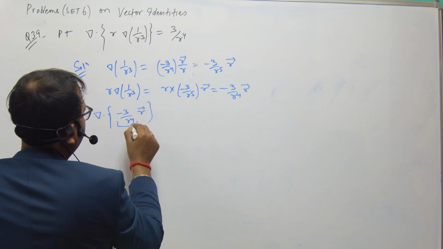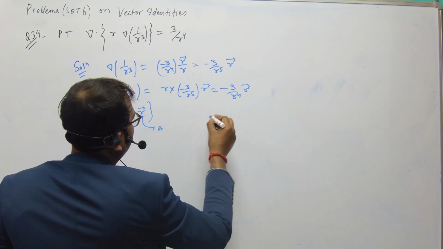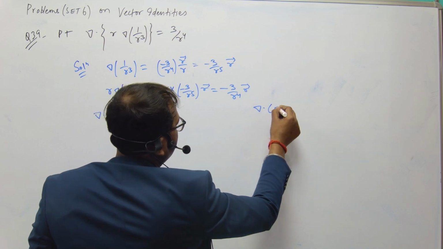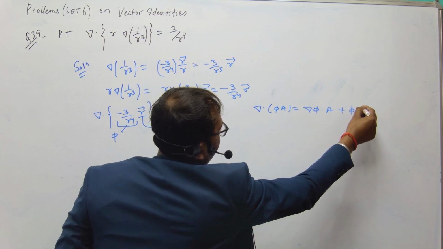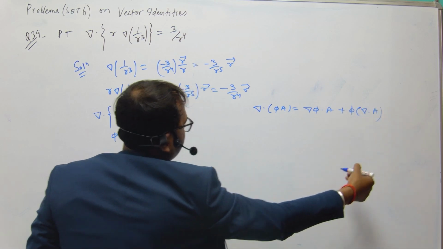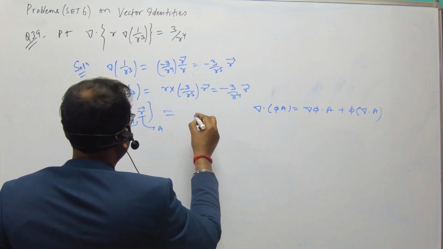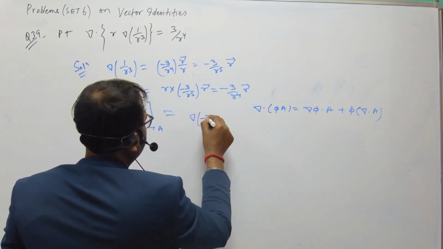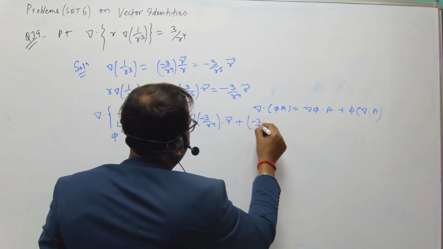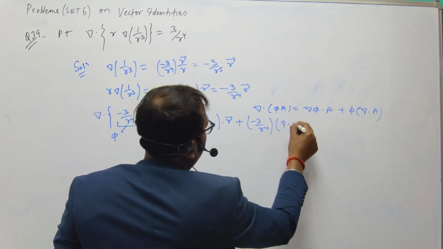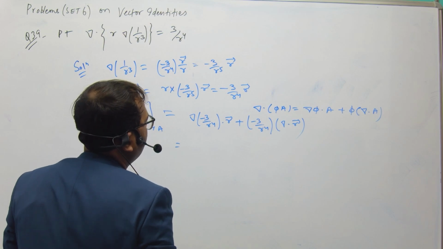Let us take this as phi and this as a. We have the divergence of phi a equal to del phi dot a plus phi times del dot a. Let us apply this. This whole expression is equal to del of minus 3 upon r4 dot r vector plus minus 3 upon r4 into del dot r vector. Let us differentiate minus 3 upon r4.